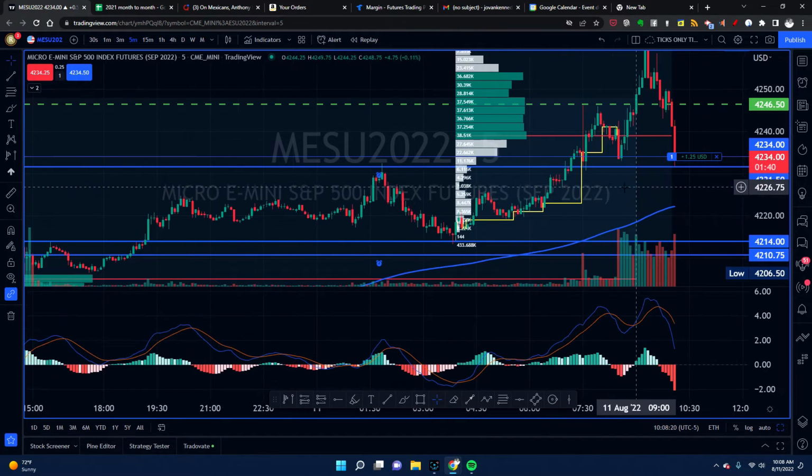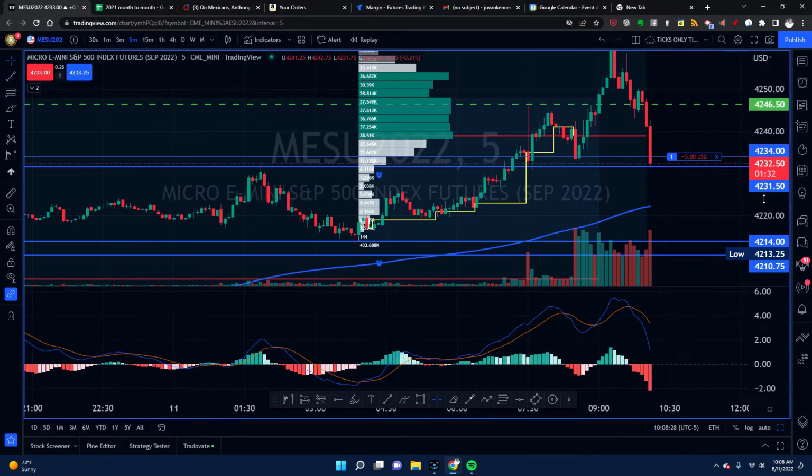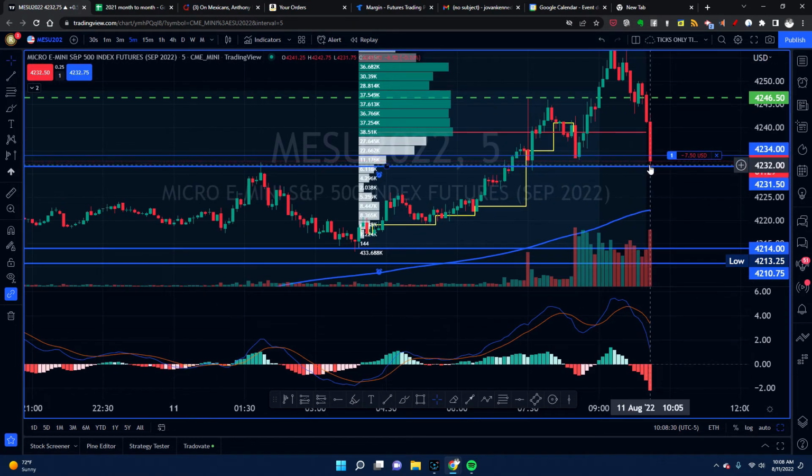They came back to it. They stuttered a little bit here. They came back and tested it here, and again here. Now they're testing it again. So if they're going to buy, in my opinion, they're going to buy somewhere between here and here. I already added on up at the top, and I'm looking to add on right here.